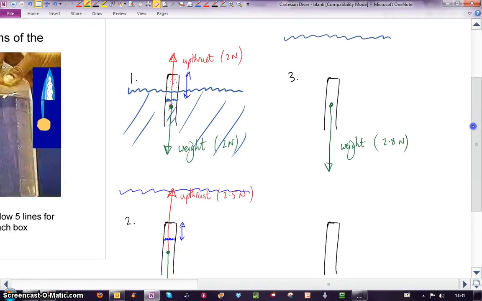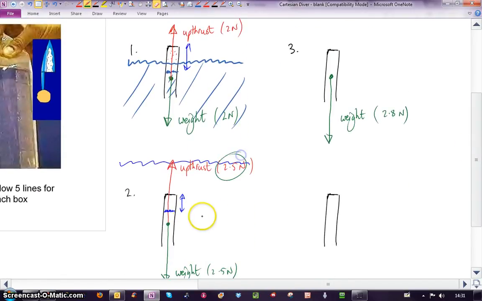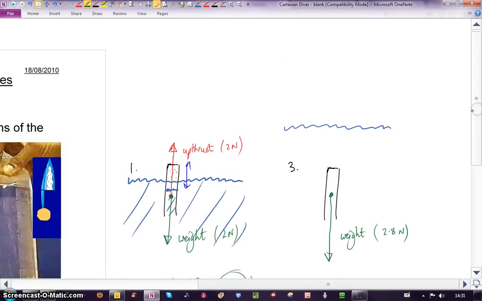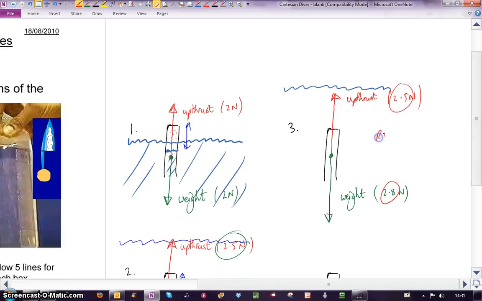The maximum upthrust I can obtain is 2.5 because I've got the maximum amount of my Cartesian diver underwater. So let's pick red, and the red one was upthrust, and that was 2.5 newtons. You can see that 2.8 is greater than 2.5. There would be a resultant force of 0.3 newtons acting downwards and it would accelerate downwards.